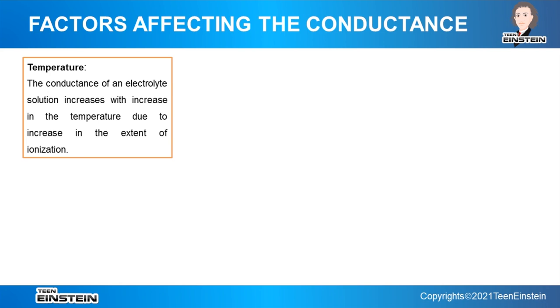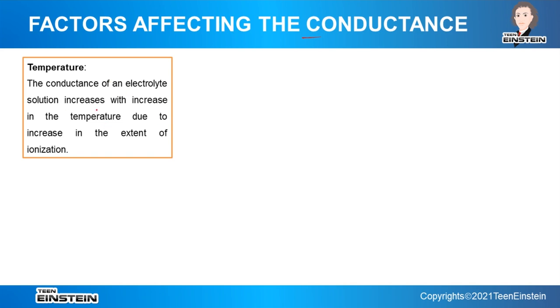Now, what are the factors that affect conductance? We are now using conductance as the general term, though we know there are three types: specific, molar, and equivalent conductance. Here we are trying to see what factors affect conductance in general. So, temperature.